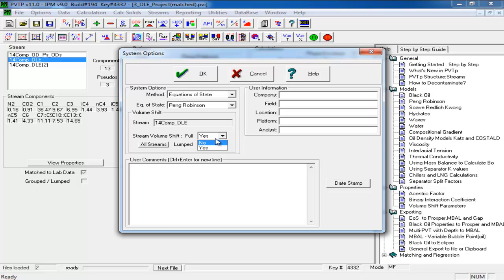You will try to match the oil density at saturation pressure. Then you will need to match this part or this point here, but you will have a big shift here. You try to match the point with the wrong procedure.